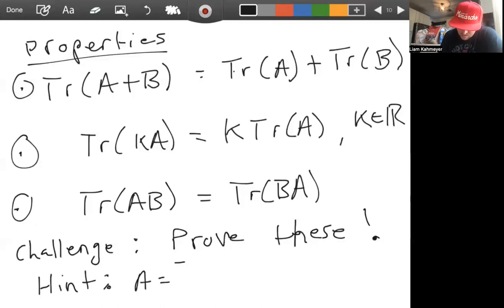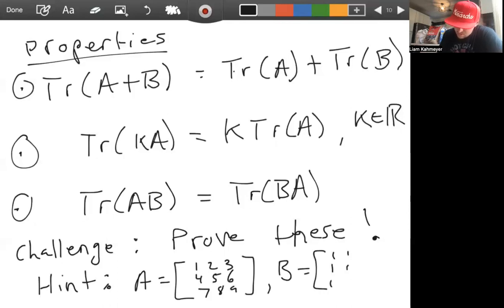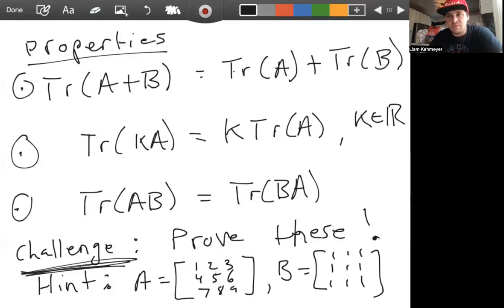Say A is some 3 by 3 matrix, like 1, 2, 3, 4, 5, 6, 7, 8, 9, and B is a matrix of all ones or something. See if you can verify all of these properties for an explicit example, and then see if you can prove them in general. So that's a challenge or a homework problem that goes unassigned.